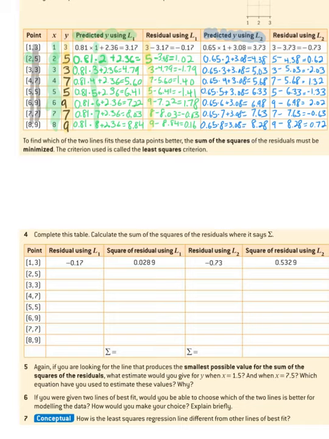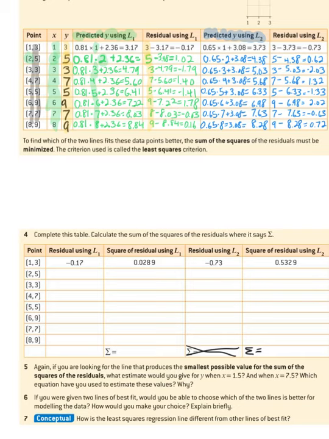There is a little typo on this table, just so you are aware. You don't need to do anything in this column here. You're going to do the summation in this column. Remember, that's your sigma, our summation notation. We're going to do sigma of the square of the residuals. Basically, you're going to take your answers from the previous column and copy them down from the residual line up above.